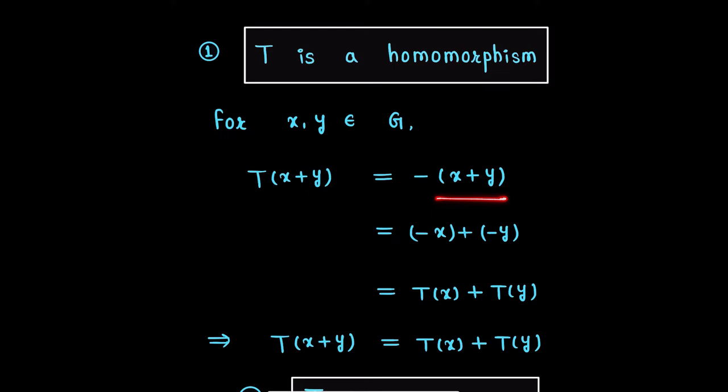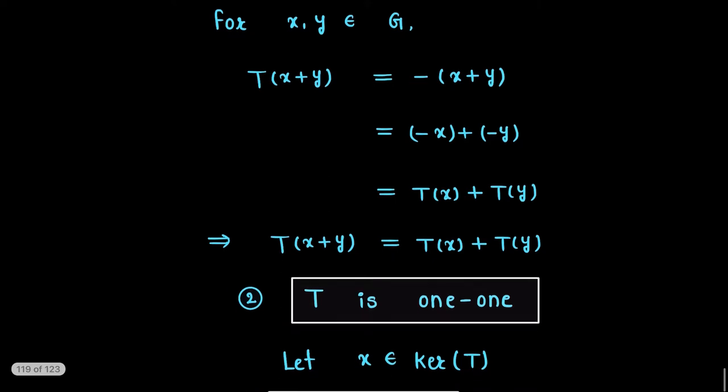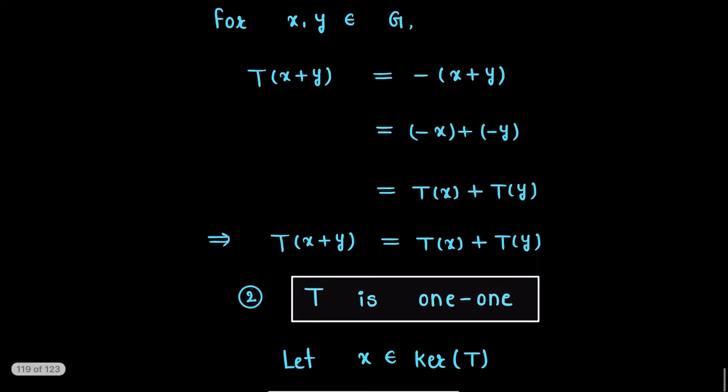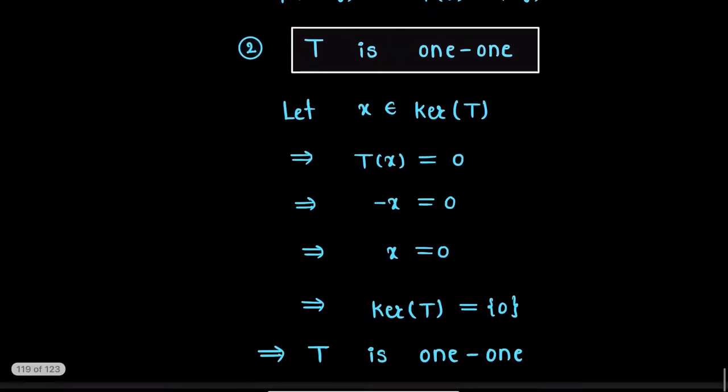Now this can be written as minus x plus minus y since group G is abelian. Now minus x is T of x and minus y is T of y. So we get T of x plus y is equal to T of x plus T of y, and therefore T is a homomorphism.